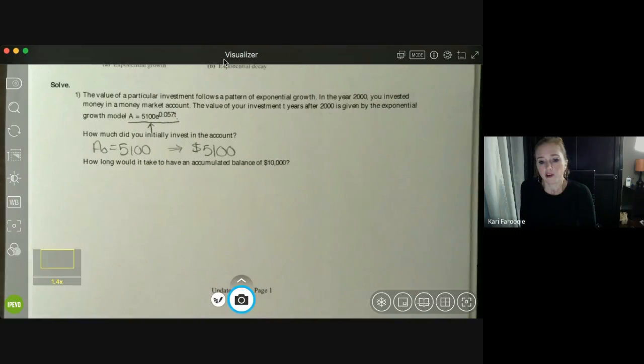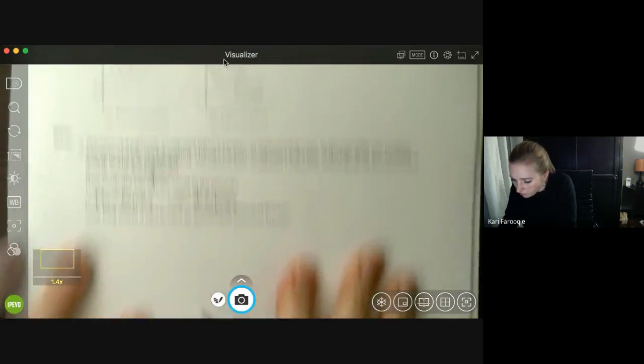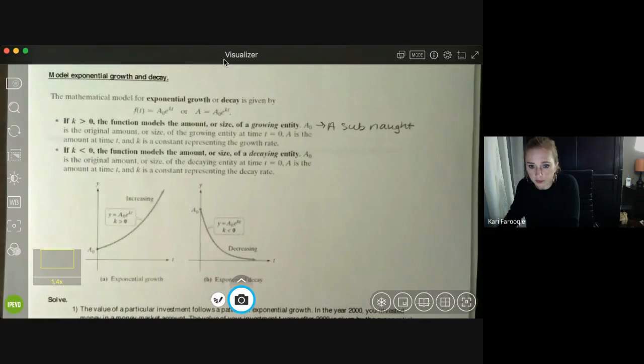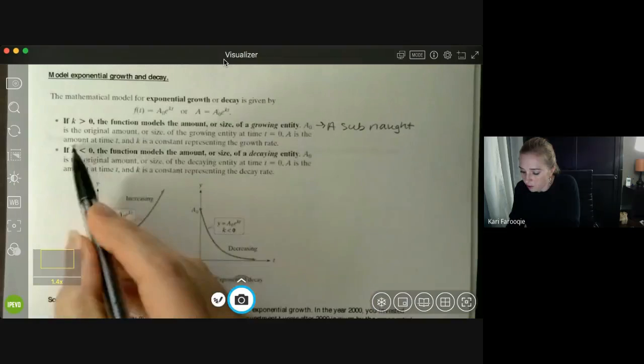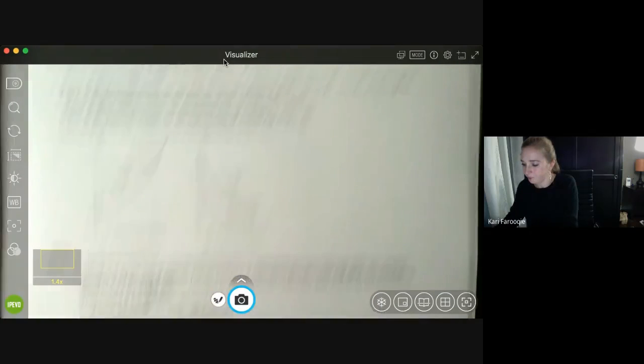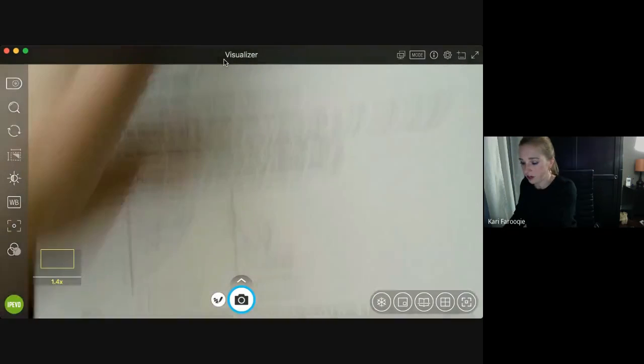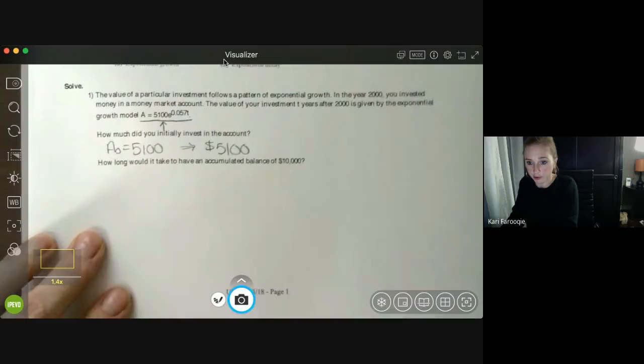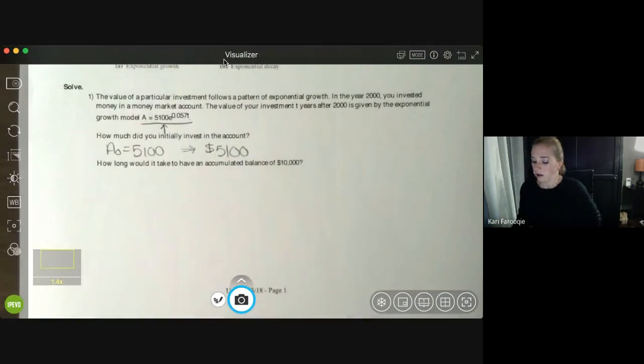So the next question is, how long would it take to have an accumulated balance of $10,000? Now, remember, going back to your definition, A is the amount at time t. We're trying to figure out time t, but we know the amount that we're looking for, which is A. And this should be a little bit more intuitive to you because it is pretty similar to the interest problems that we did in the beginning of the chapter.